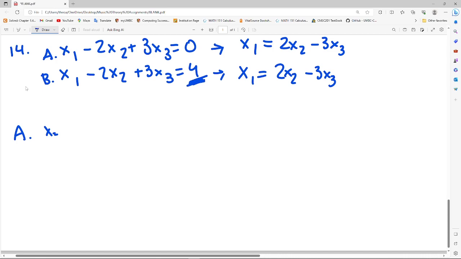But we have this 4 right here, so we have to be sure to add that 4. It's very, very important.